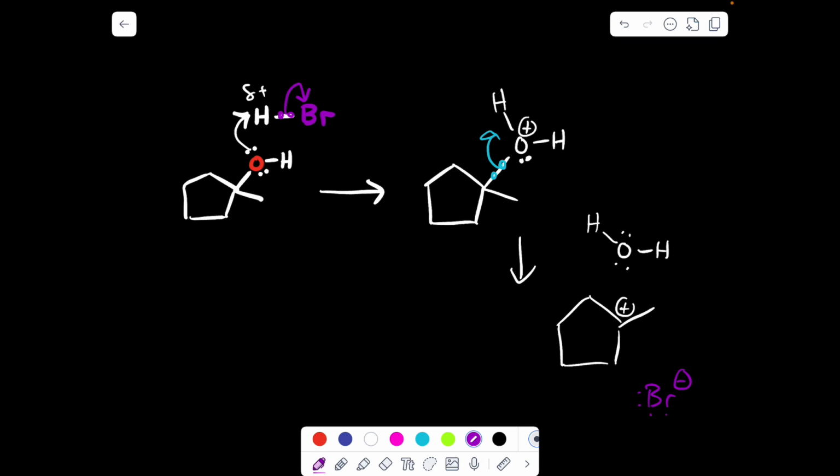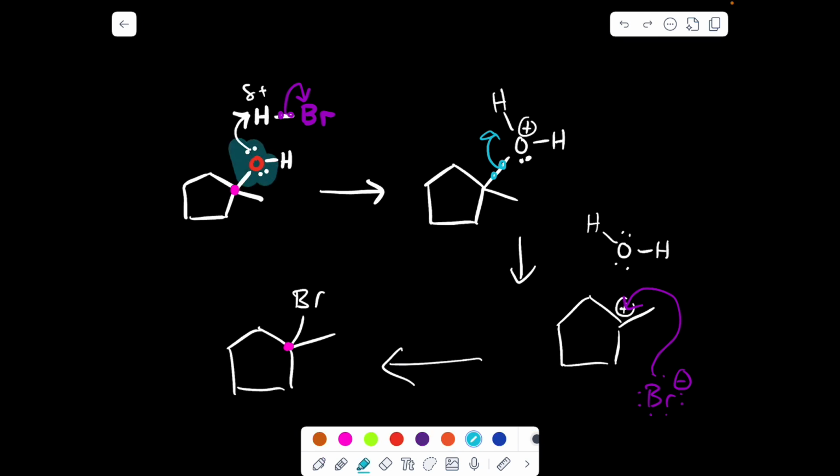So this bromine, since opposites attract, is going to go 2 in and attack that tertiary carbocation, and we will get our product, where a bromine is going to be attached to the carbon that initially was attached to the OH group. So once again, an OH group was changed to a halide.